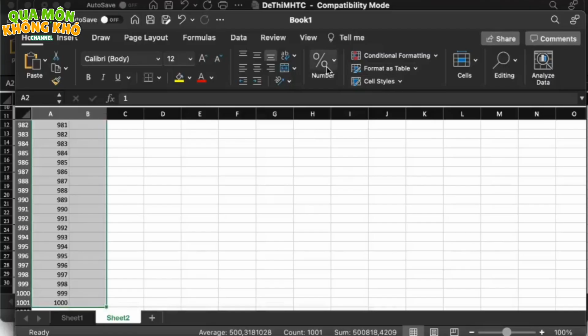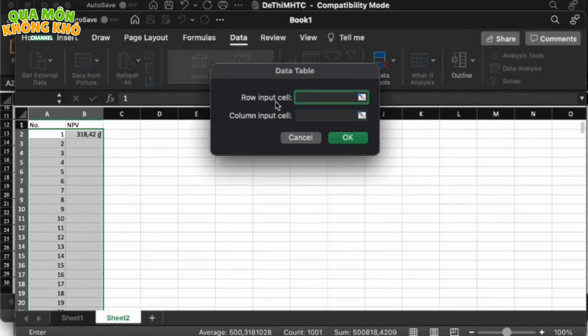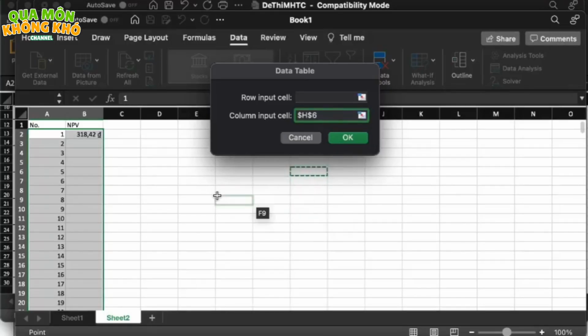And you choose Data, What-If Analysis, Data Table. In the column input cell, you just click any cell. We call it a dummy cell, it's not a real cell. Just click any cell outside of our table, and press OK.